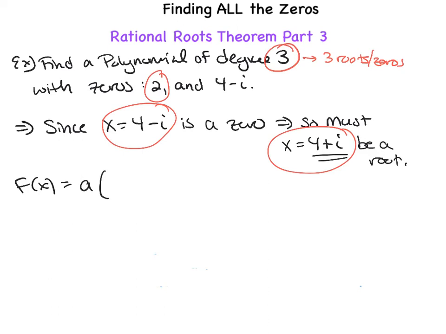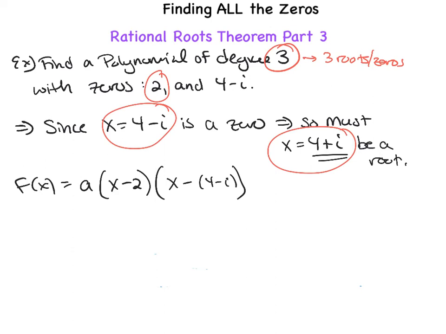If x equals 2 is a zero, then x minus 2 is a factor. If x equals 4 minus i is a zero, then x minus 4 minus i is a factor.